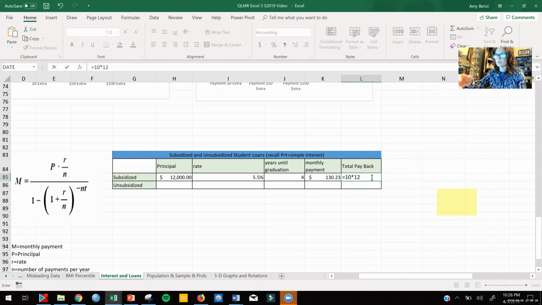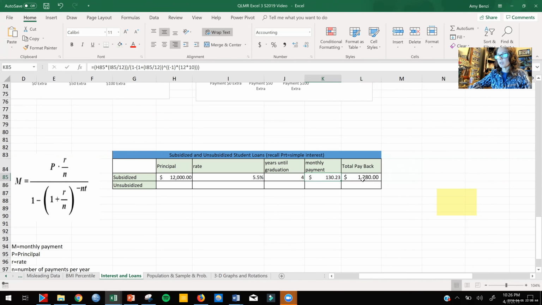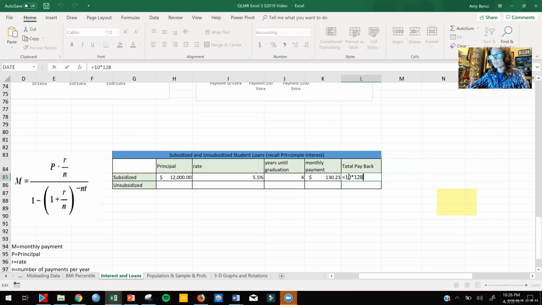You could have just put 120 there. 10 years times 12 months times our monthly payments. All right, so we are going to pay $130 every month for 10 years, and our total payback is going to be, I left out the 12 here, $15,360.